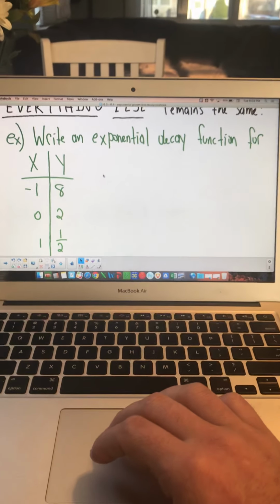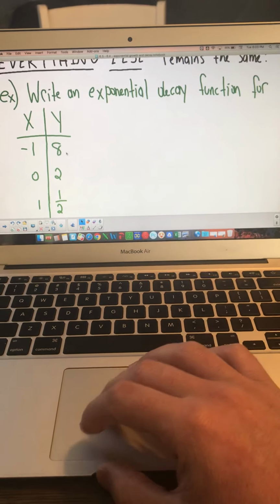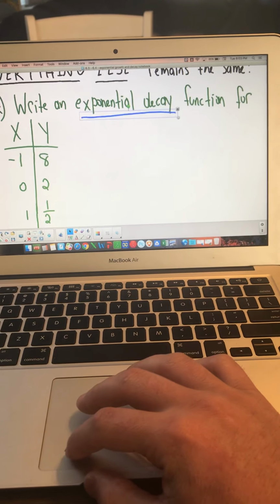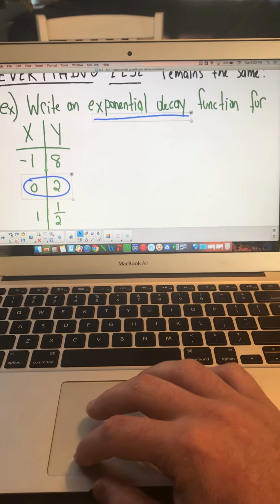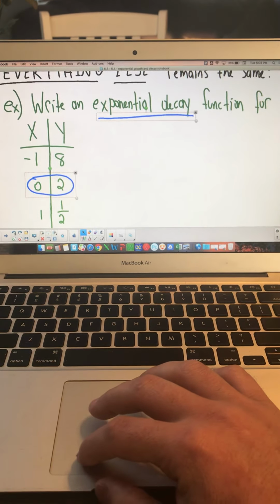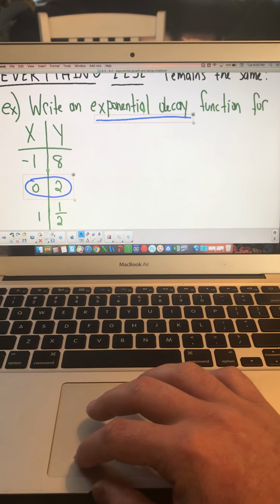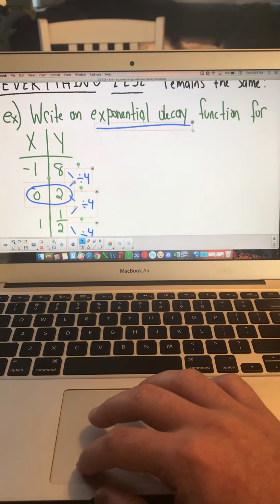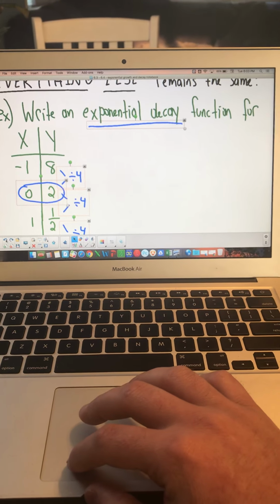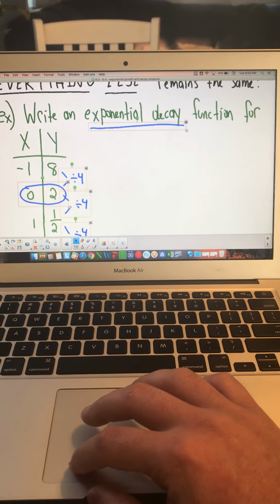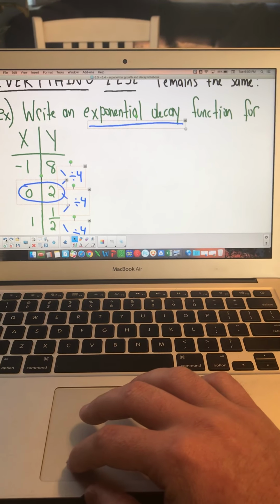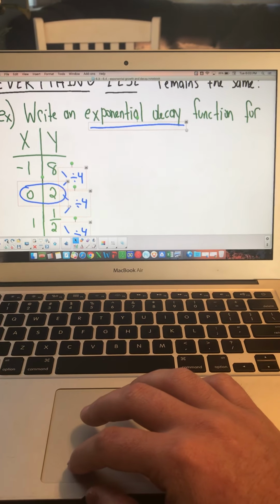We're writing an exponential decay function. Decay. That is still important. It's the y-intercept. How do we know it's decay? We're dividing by 4. Division. It's exponential decay, because we're dividing. Think divide, decay, the D's.